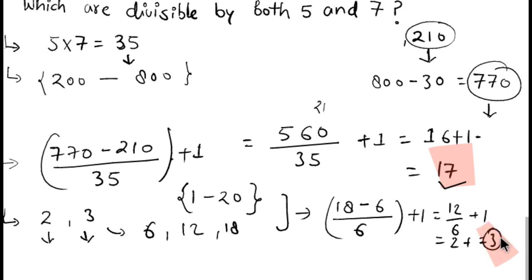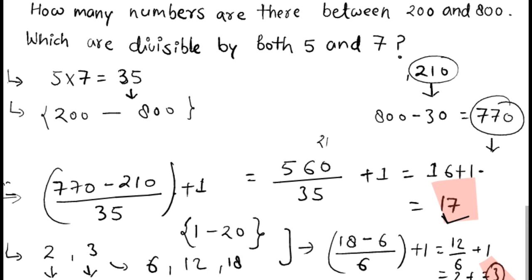So I find the required number is 3, meaning 3 numbers between 1 and 20 are divisible by both 2 and 3. In the same manner I apply it here: I subtract the smallest number from the biggest number, divide it by 35, and add 1 to it. So I got 17. So 17 numbers between 200 and 800 are divisible by both 5 and 7.